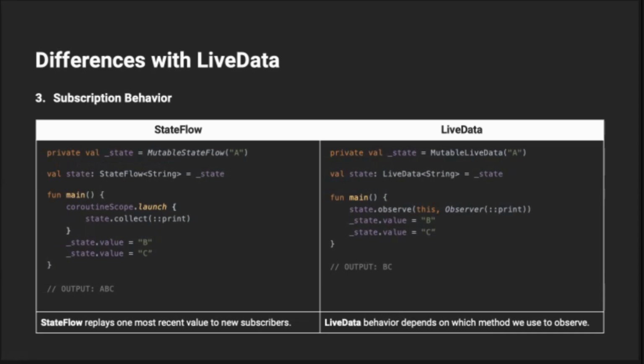If we use observeForever, we will get ABC as the output as well. But if we use observe, we will lose the initial value because the observe function ensures the observer only receives events if the lifecycle owner is in the started or resumed state. As a result, we only get B and C as the output.